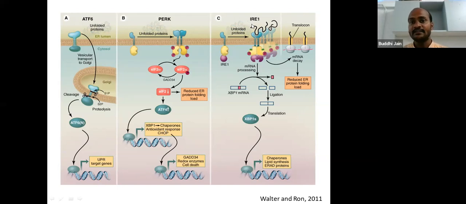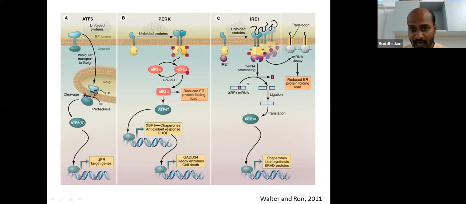The third signaling is IRE1 alpha. When this IRE1 alpha receptor becomes activated, this activated receptor acts as an endonuclease, and they cleave XBP1 mRNA.